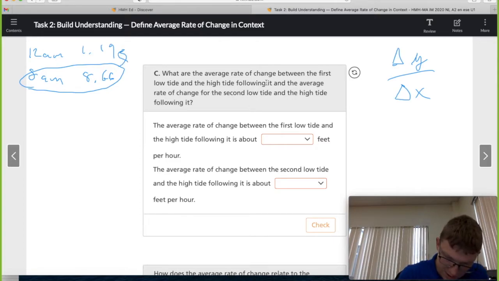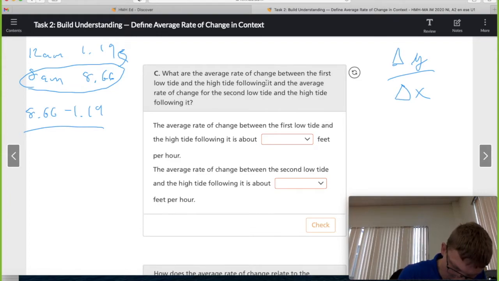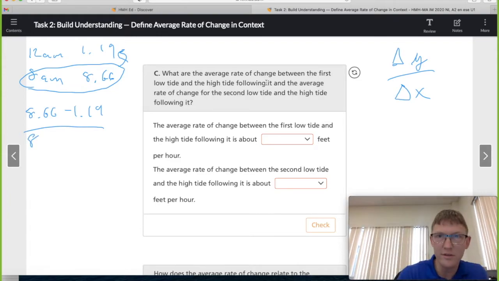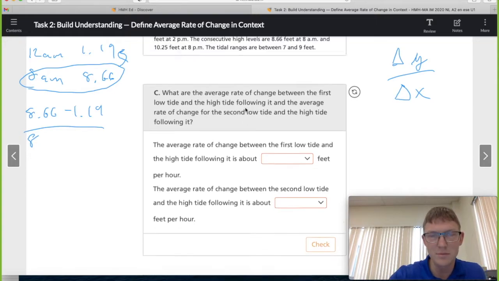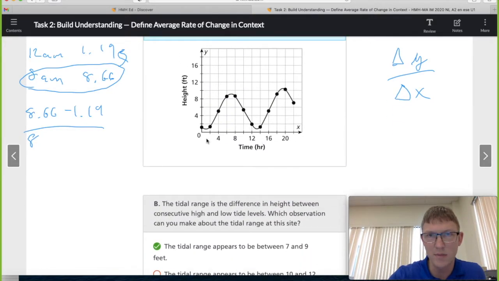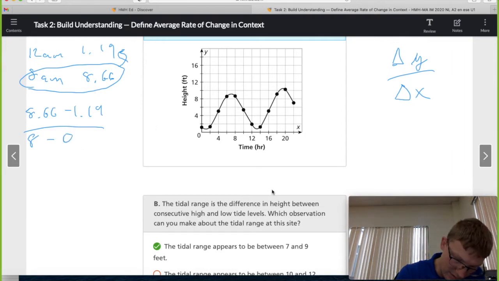Okay, so 8.66 minus 1.19 over 8 a.m. And we're going to convert all this to basically our time. So our 12 a.m. is going to be 0, and then our 8 is going to be 8. So that's going to be minus 0.